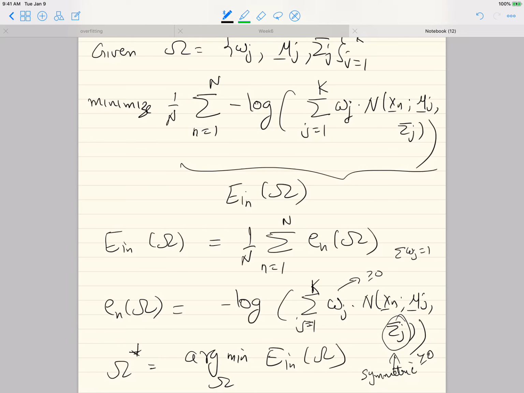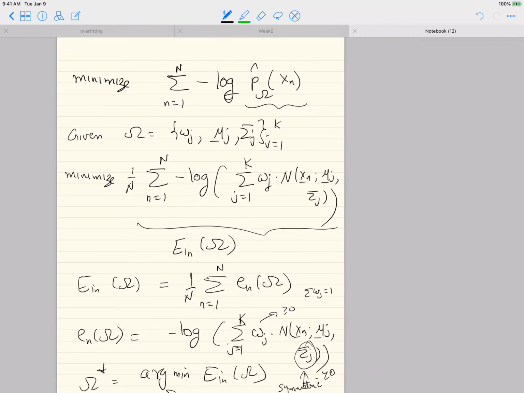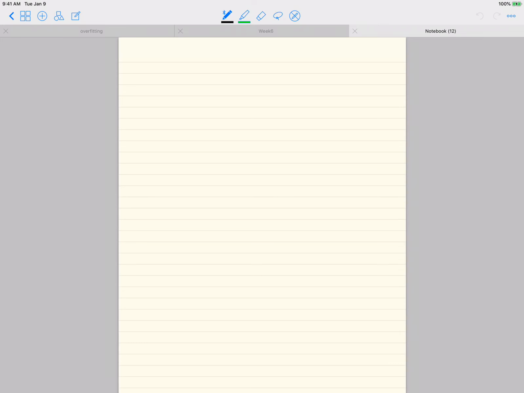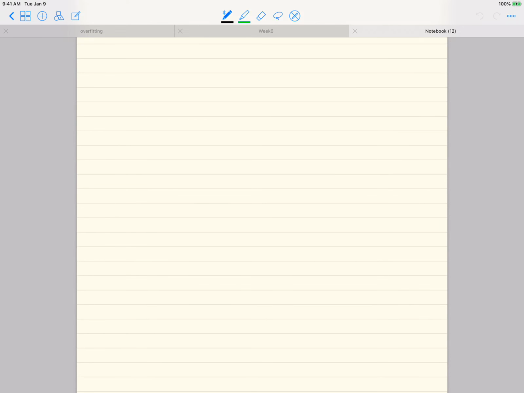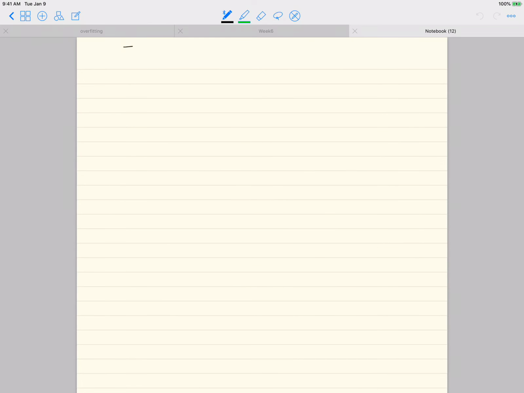So because of these reasons, there is another algorithm that is quite popular here, which is the expectation maximization algorithm, or the EM algorithm.